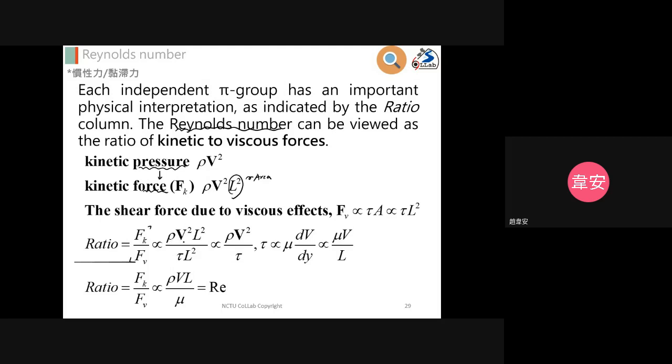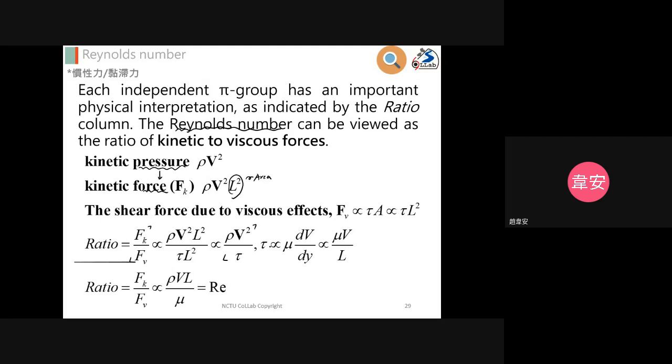So as you see here, at the top we have rho v squared times L squared, and the bottom is related to the viscous force. For the viscous force, we have the shear stress tau, and we also multiply by the area, with unit dimension L squared. So the ratio is rho v squared divided by tau.